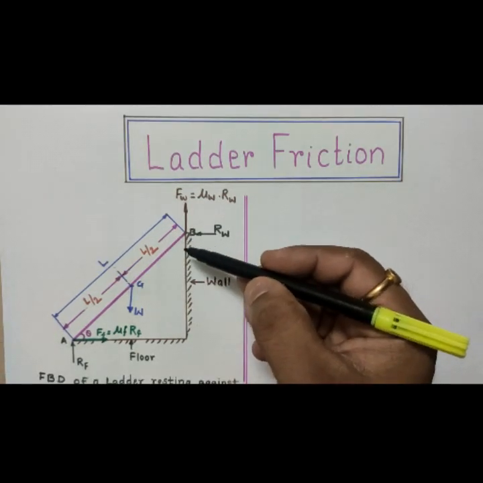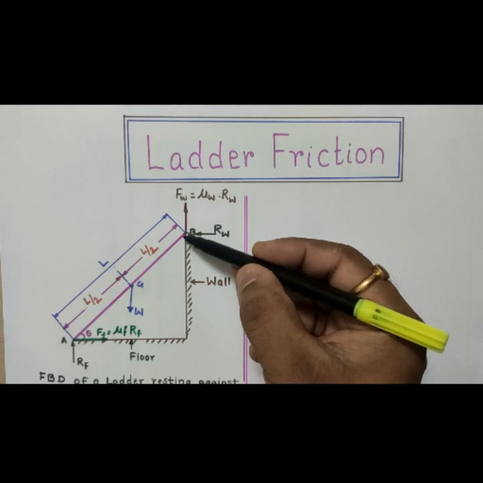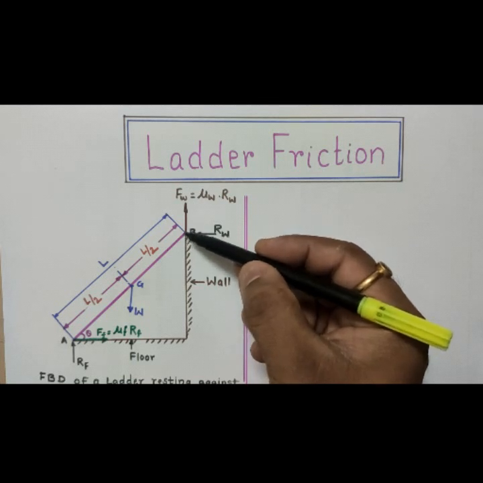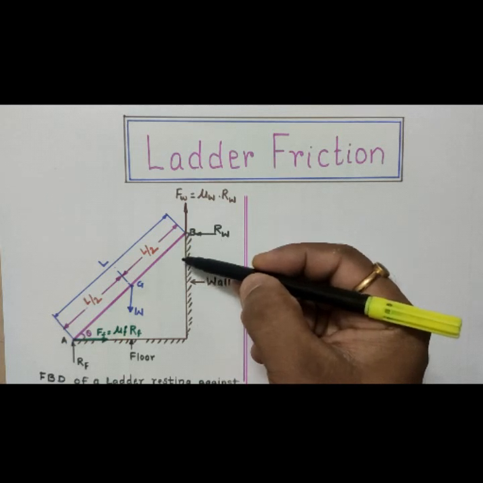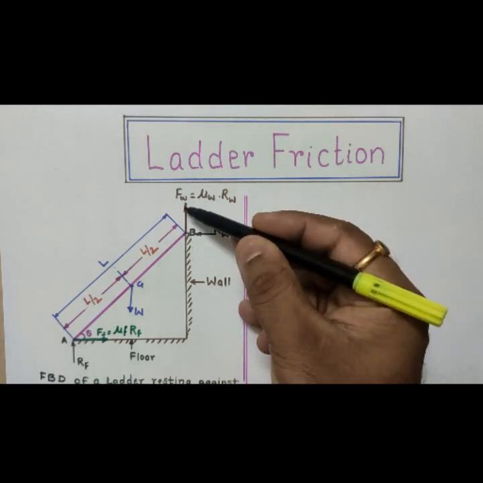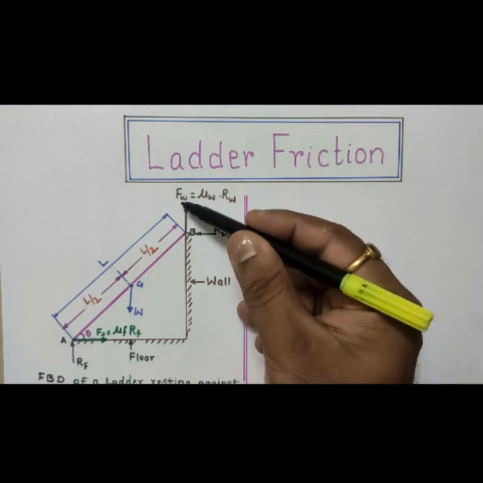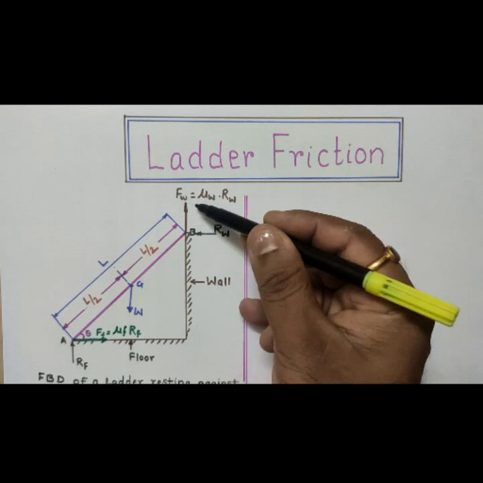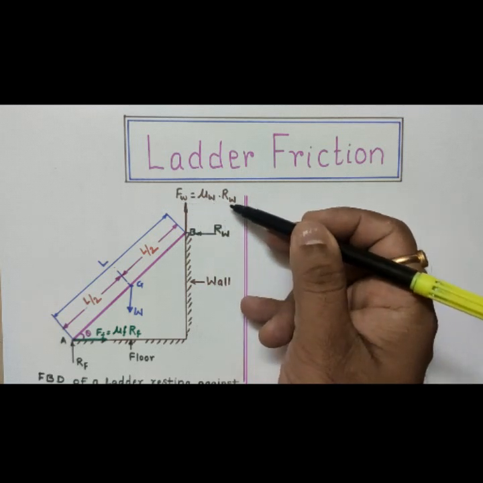Similarly, when the upper end of the ladder tends to slip downward, the frictional force will act in the upward direction, that is Fw, and Fw equals mu W into Rw.